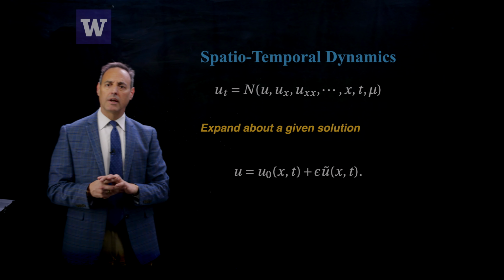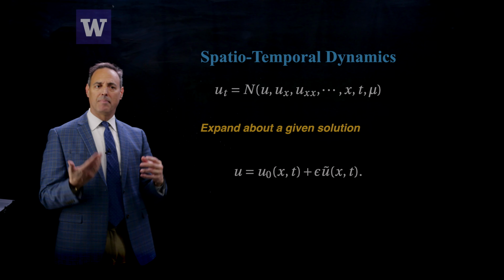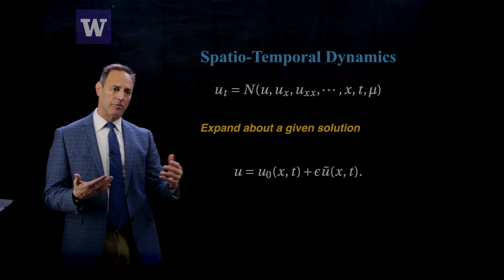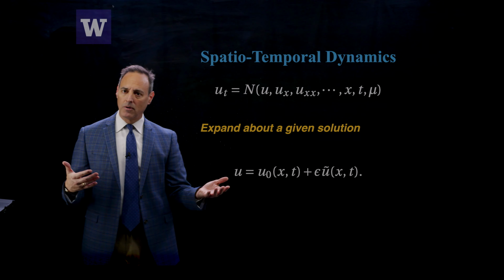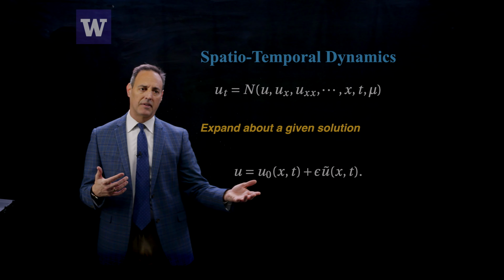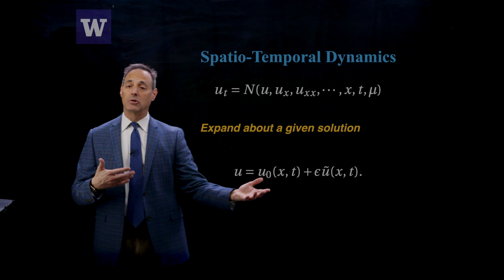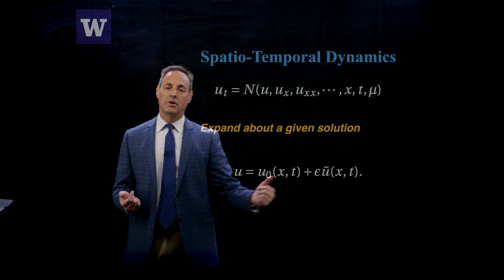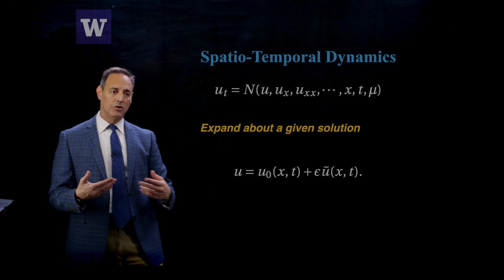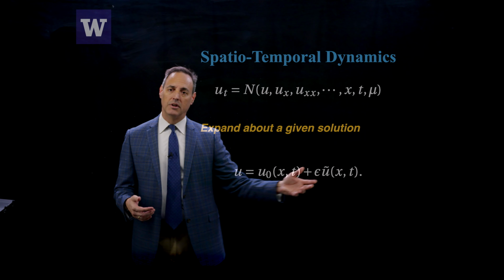And what we're really considering here is expanding about some kind of given solution. Normally what we do in perturbation theory is some kind of formal regular expansion. We're going to do something like that here. I have some solution U naught, and I'm going to look at U naught plus epsilon U tilde. And the epsilon is small, so this U tilde is a correction to U naught.